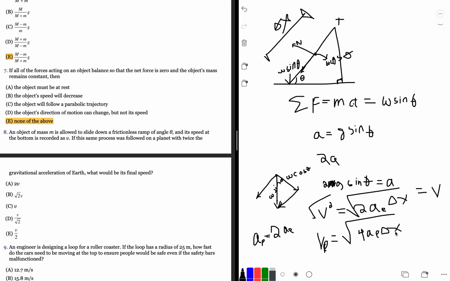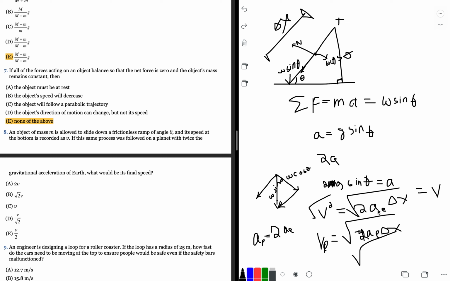We did a substitution, so a sub p is equal to 2 times a on Earth.